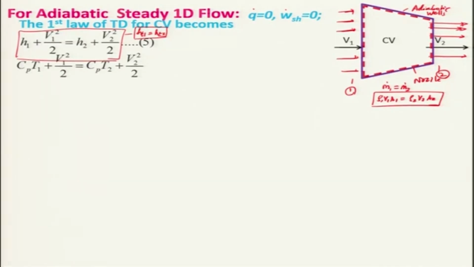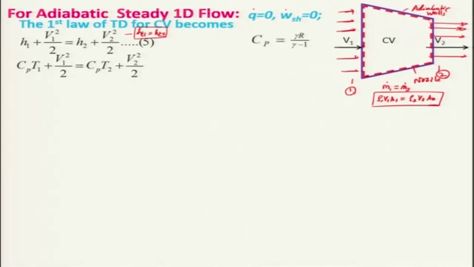So, that means if I use this, h is nothing but your Cp and T, where Cp is your specific heat at constant pressure. So, Cp T1 plus V1 square divided by 2 is equal to Cp T2 plus V2 square divided by 2.